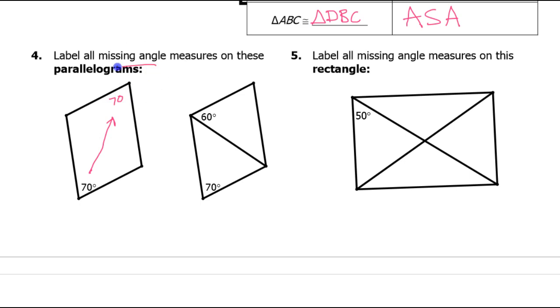Now, these angles are consecutive interior angles. So these are always going to be supplementary. So if this is 70, this other angle has to be 110, because they have to add up to 180. For the same reason, this will be 110 as well. Alright, these consecutive angles of a parallelogram always have to be supplementary.